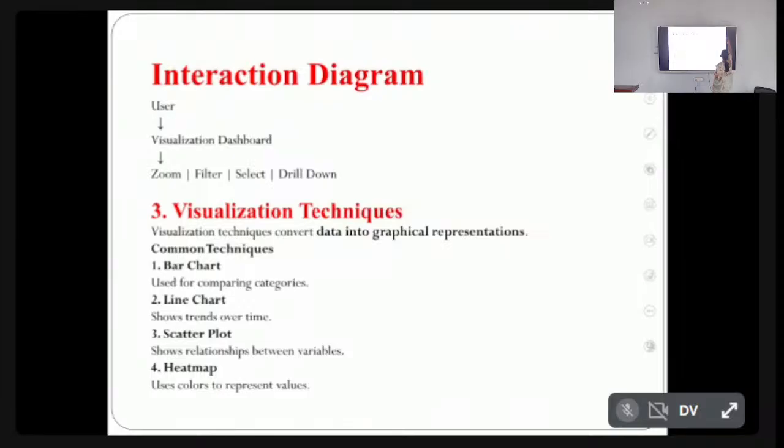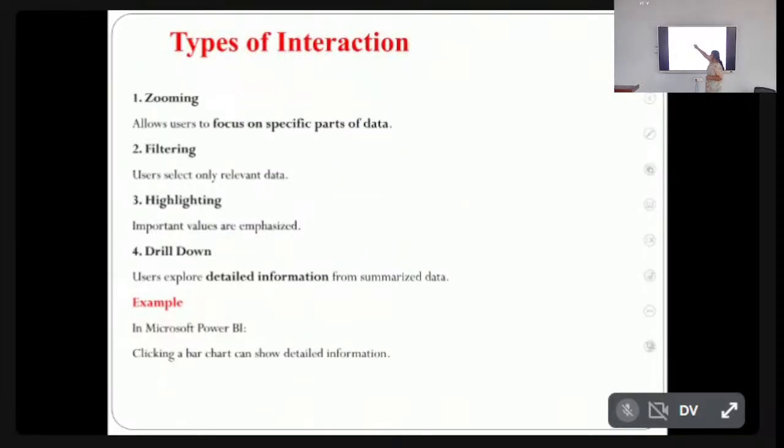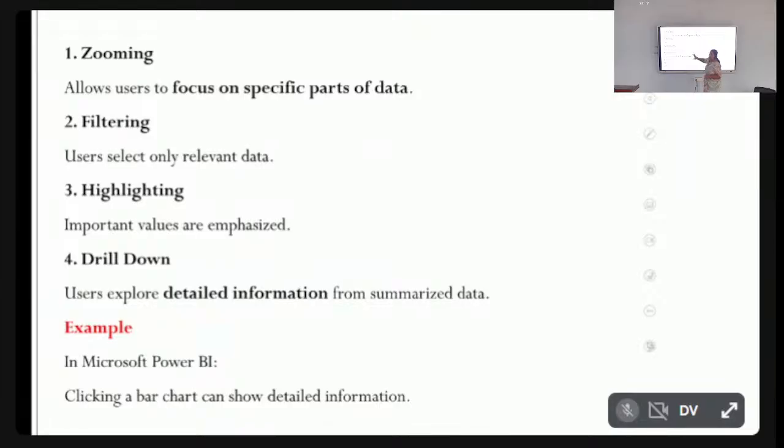I'm telling, you write down. First one is zooming. Zooming the data. Your mobile inside. Please put all the other books inside. Are you here? Where is your notes? Where is your pen?